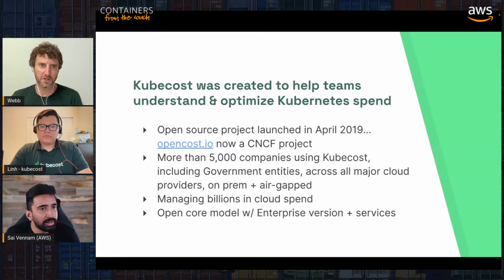Yeah, great question. The way you can think about the relationship between OpenCost and Kubecost is that OpenCost itself is the core allocation engine that all of the calculations and visibility of Kubecost is built on top of. So OpenCost is able to tell you the cost of a container, pod, namespace, et cetera.